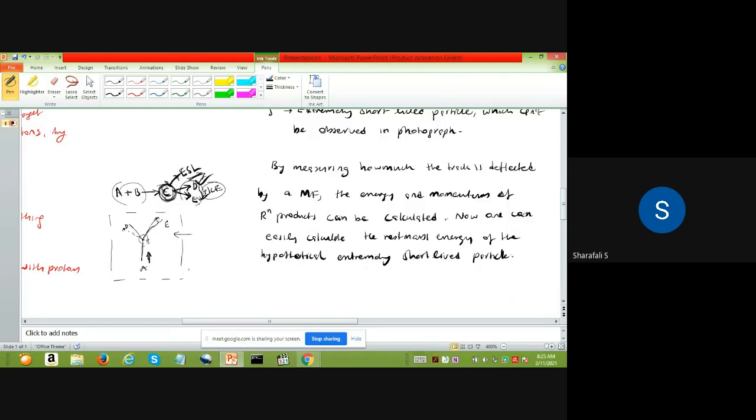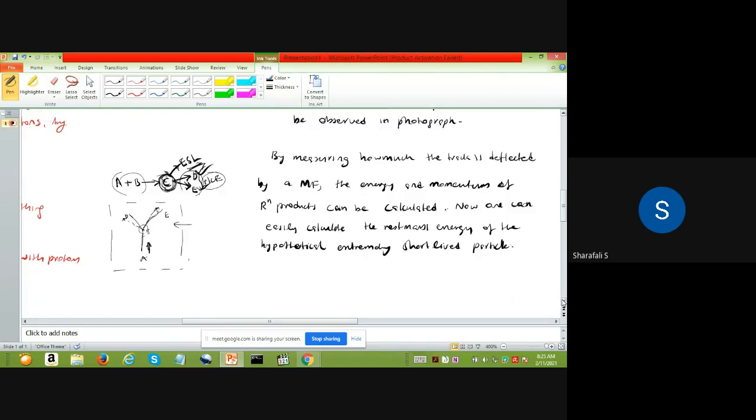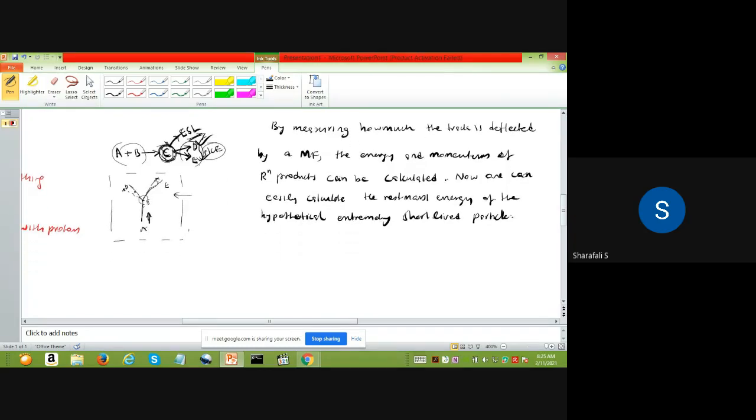So we have to take many such photographs and analyze each time. Each time analyze these photographs. And suppose in this particular reaction, you are having this interaction.